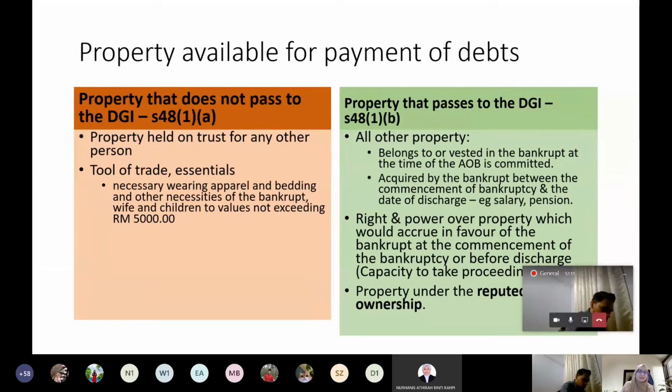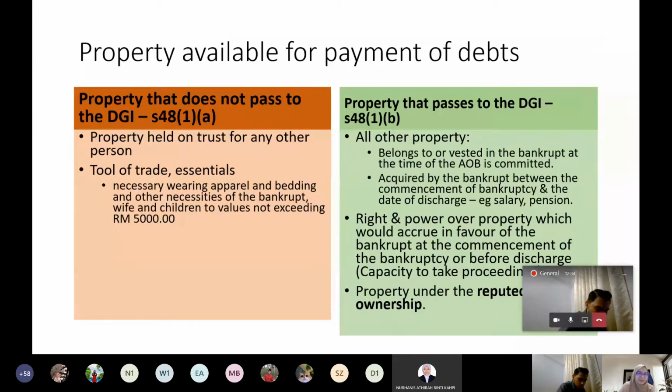Okay, then the second one is the tool of trade and essentials of the person. Kalau kita tengok jumlah kat sini agak kecil lah ya. So the tool of trade, for example, if he has a business, all of the tool of trade which he used for his business will continue to remain with him, the debtor.